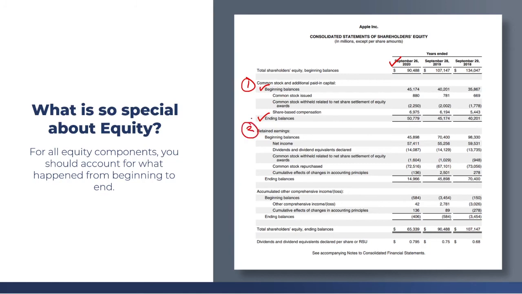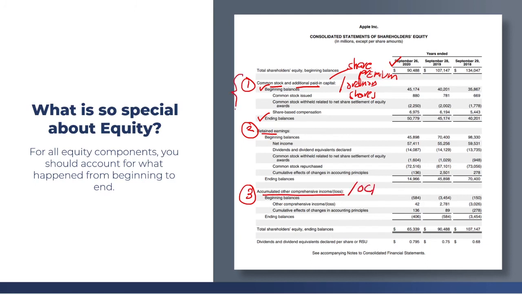You will see that for Apple, they have 3 components of equity: the common stock or the ordinary shares. You will notice that they included the additional paid-in capital or the share premium in this line. The second component are the retained earnings, as we discussed. The third component are the accumulated other comprehensive income, or the OCI.